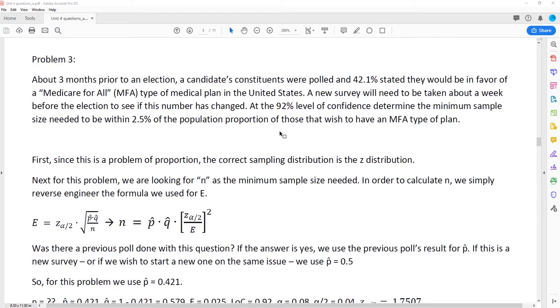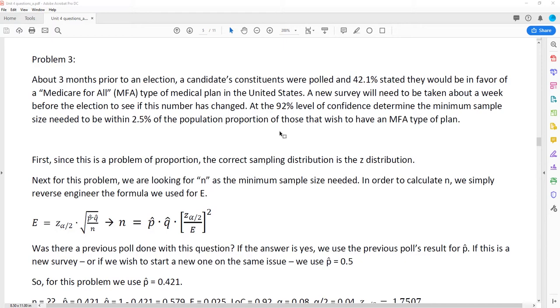For this type of problem, what we're asking is, what would be the minimum sample size to meet specific criteria? It's actually not that difficult to do. It's not as detailed as finding a confidence interval, but it's a very similar process.